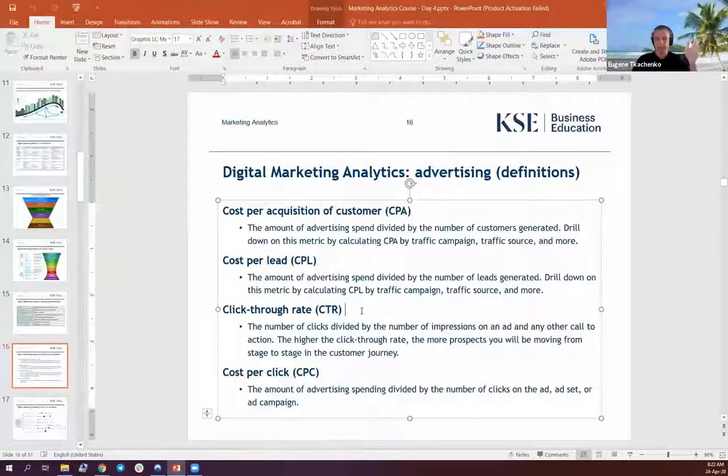Is it a sufficient number? Well, it's up to us to decide based on, first of all, platform or format benchmarks, both internal or external. The external one is the platform benchmark: people on average interact at 1.3% with this format of ads. But at the same time, we may have our own internal benchmarks. For example, we know that we have a very well-rounded, well-stacked team of creatives.